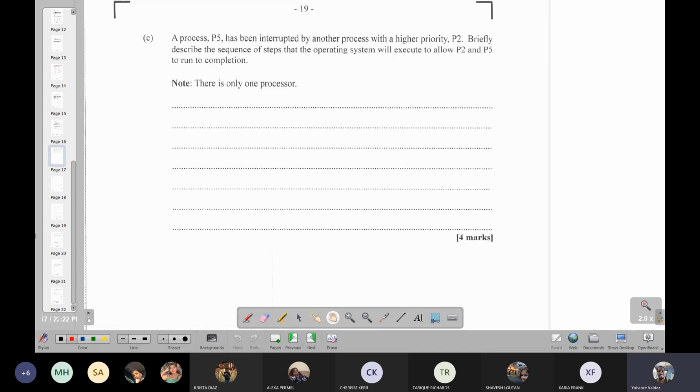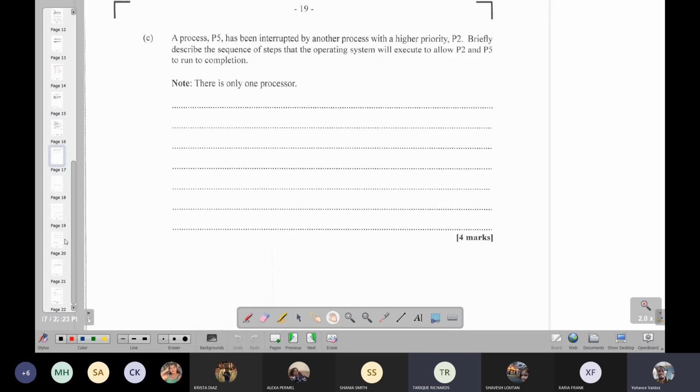And then I would say, anybody want to walk me through the steps that would allow P2 and P5 to run to completion? And everybody says, no, sir. At least you all talk this time.